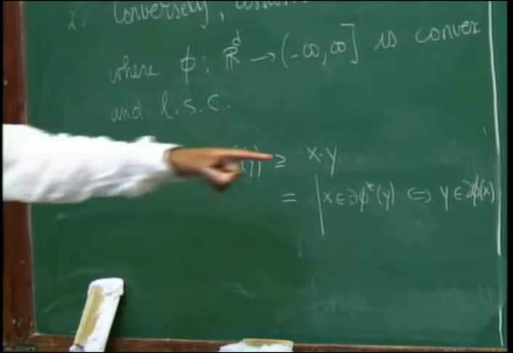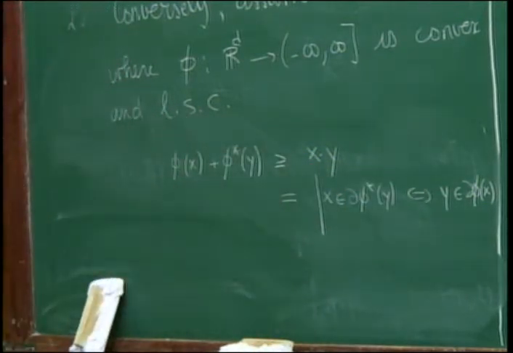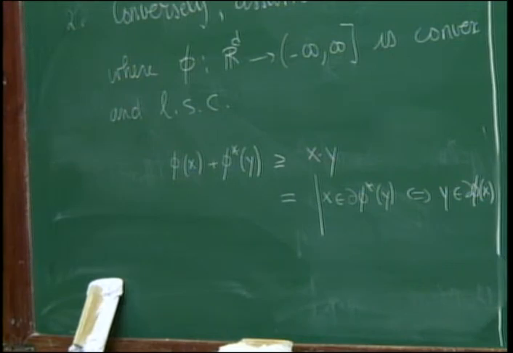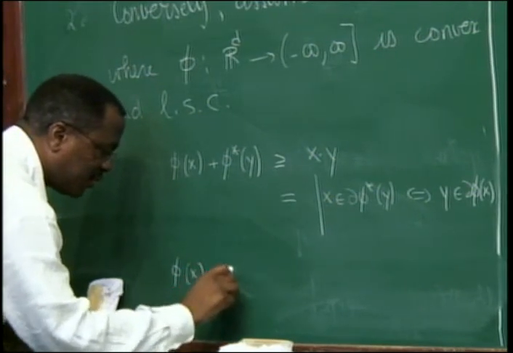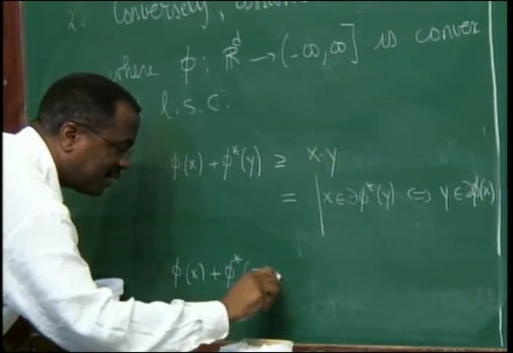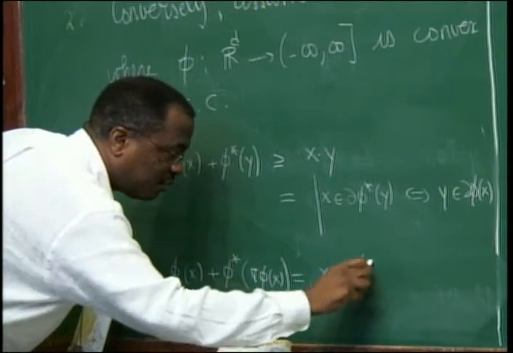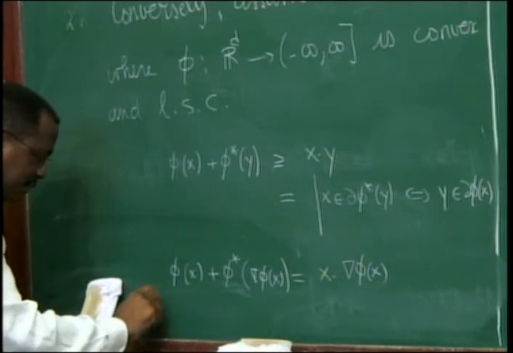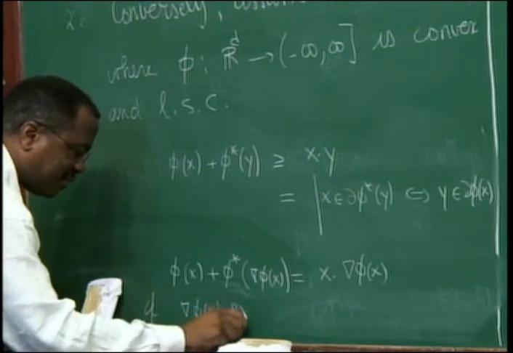But when phi is differentiable at x, the subdifferential reduces to the gradient. So at points of differentiability, I have phi of x plus phi star of the gradient of phi of x equal to x times the gradient of phi of x, if the gradient of phi of x exists.